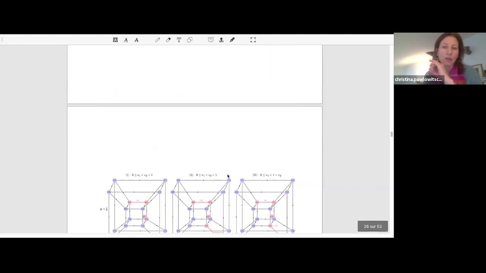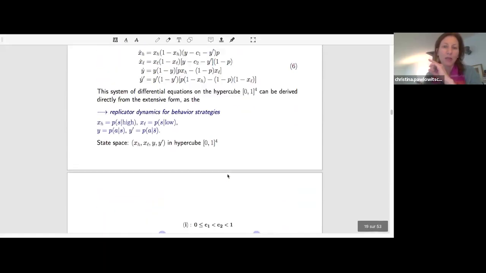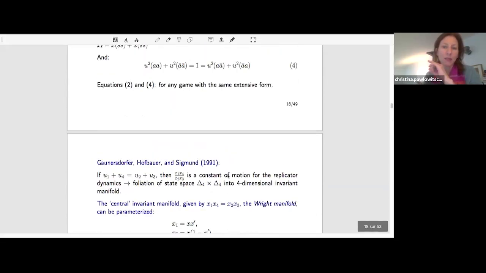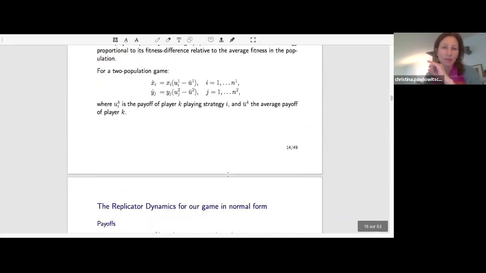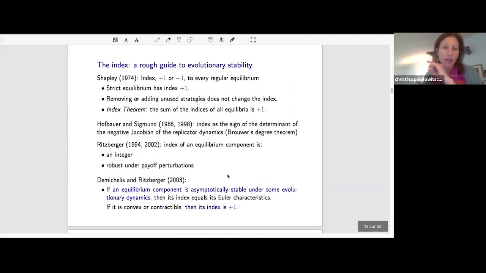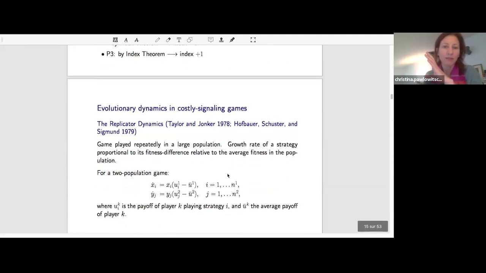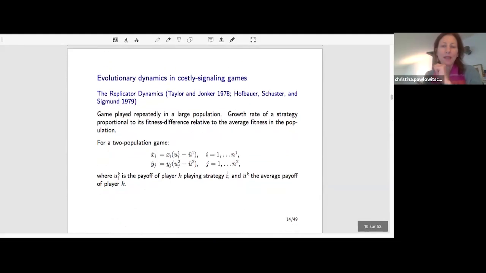Okay, so now let me go back and explain how we get to these results. So, first, before we started doing this, or let me go to the dynamics actually. So what we do is we look at the simple replicator dynamics.